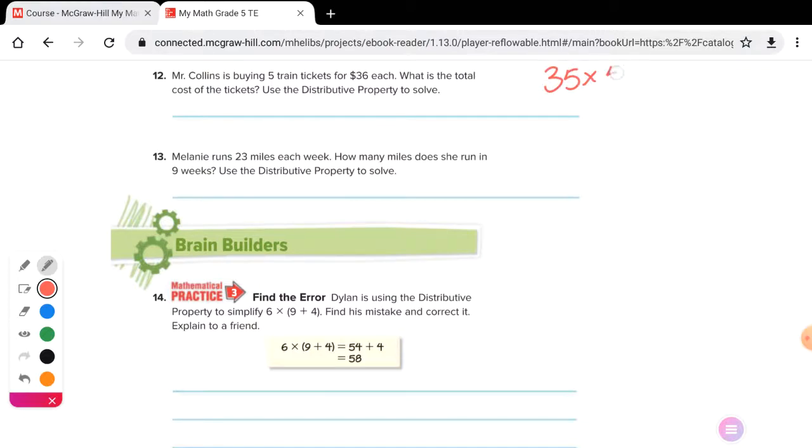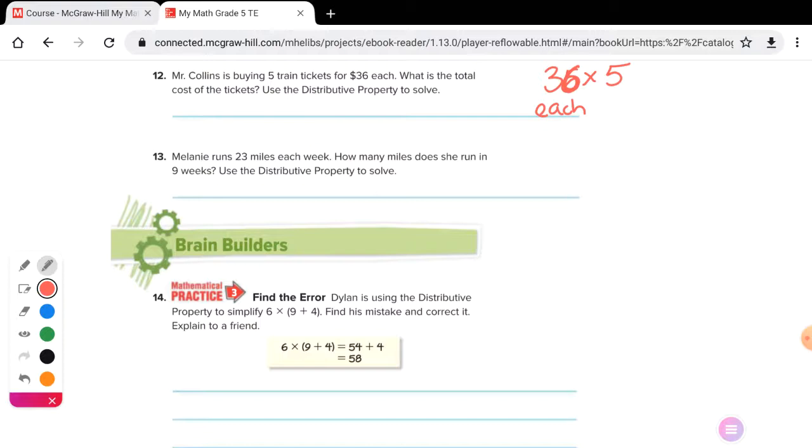What were some key words that helped us know that, Sadie? Each. Okay, it did say the word each. We got to be careful with the word each. Sophie? The 5 is supposed to be a 6. Oh, this is a 36, sorry. 36 times 5, okay.